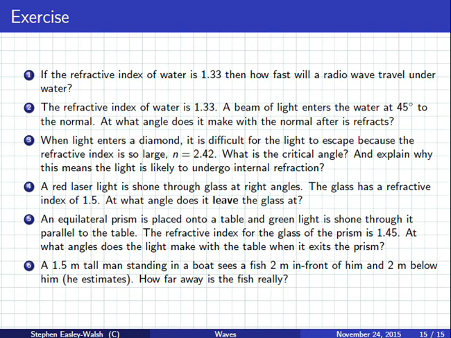So Snell's law is sine theta 1 over sine theta 2 equals n2 over n1. Here n1 equals 1 and n2 equals 1.5. So you have sine 20 over sine x equals 1.5 over 1. That means sine x equals sine 20 over 1.5.